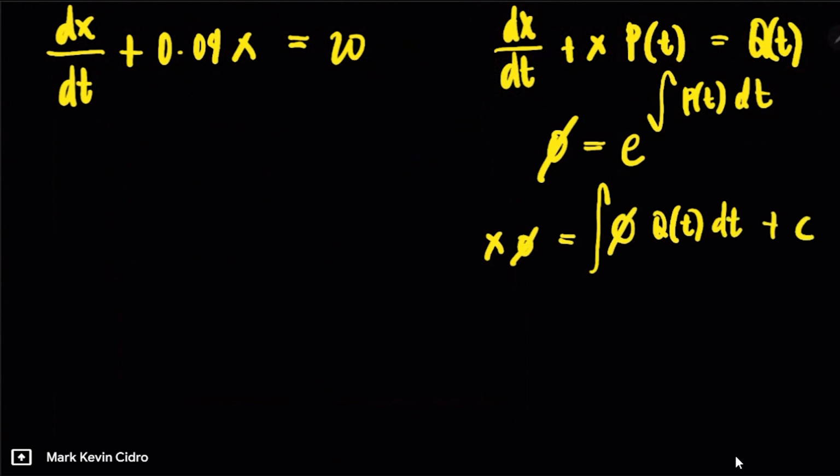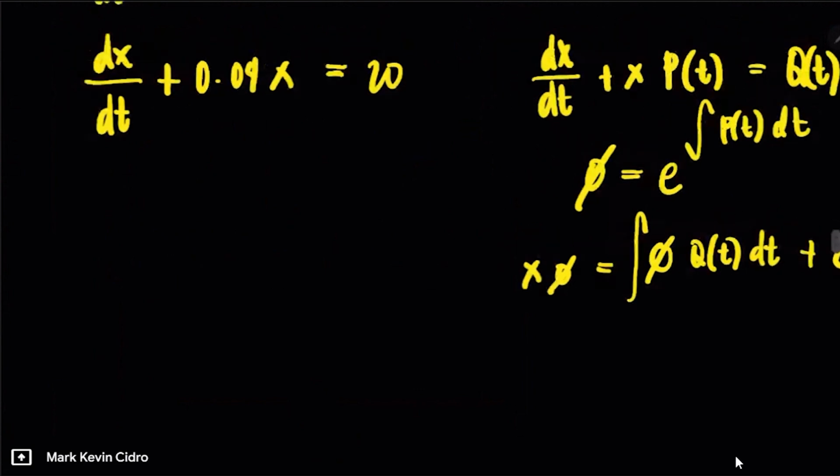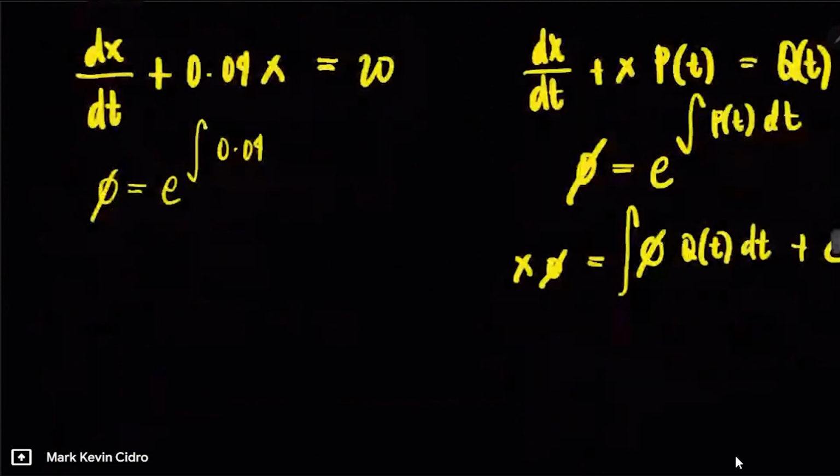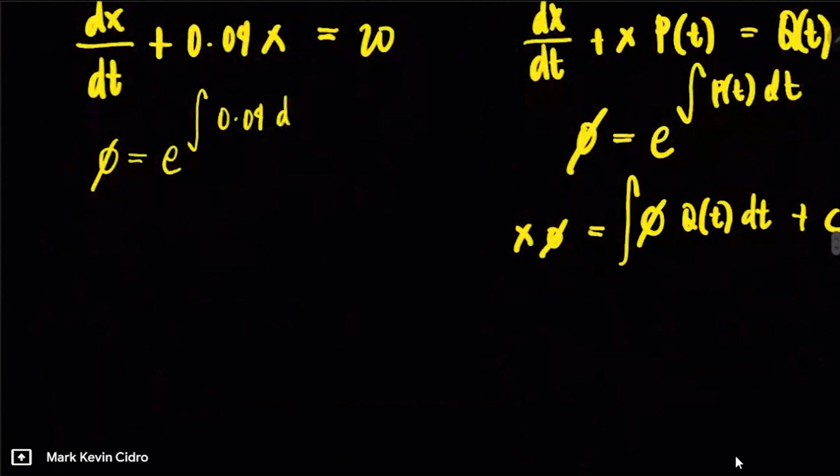Okay? First, let us solve for the value of phi. Your phi is equal to e raised to the integral of p of t. Your p of t is 0.04, so 0.04 dt.